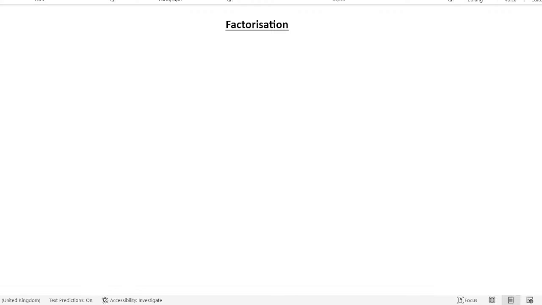So I will explain about grouping the terms. We're going to group terms based on the factors, group them together, and then take the common factor.